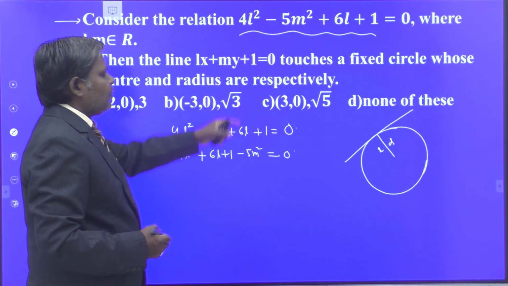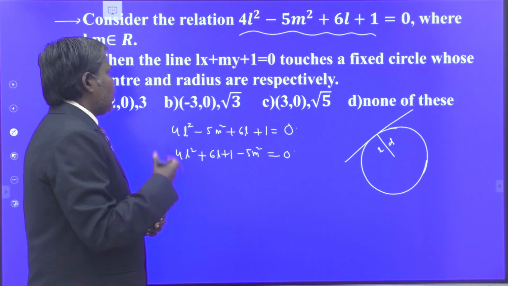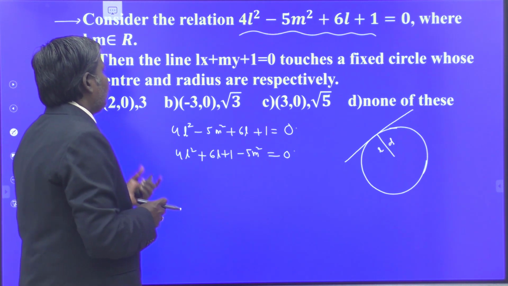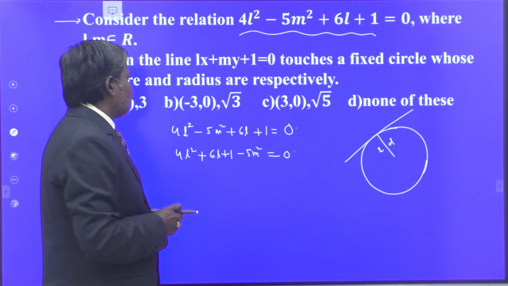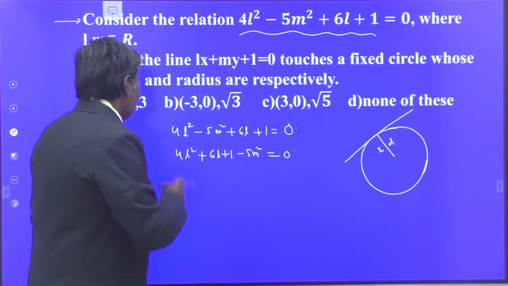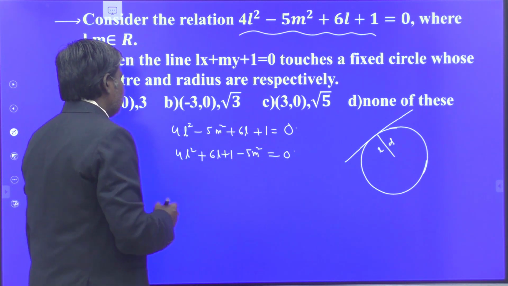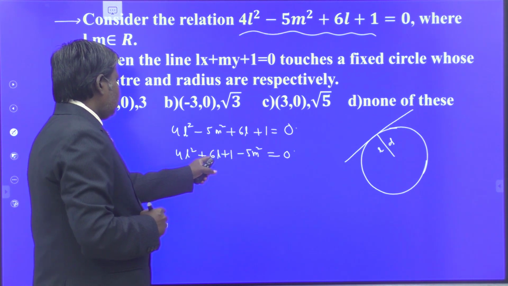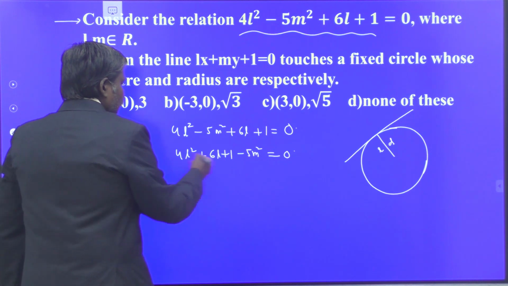The perpendicular distance form is modulus of ax1 plus by1 plus c by root of a square plus b square. So in the denominator you have to make root of L square plus m square. So 4l square minus 5m square plus 6l plus 1 is equal to 0, that is, 4l square plus 6l plus 1 equals 5m square.